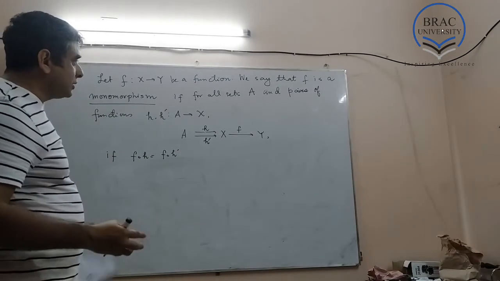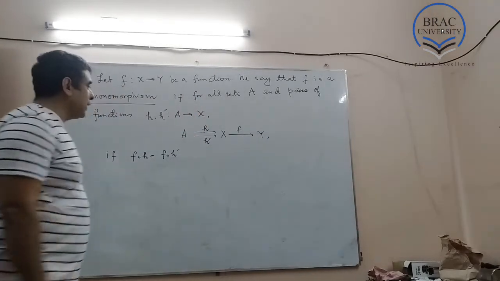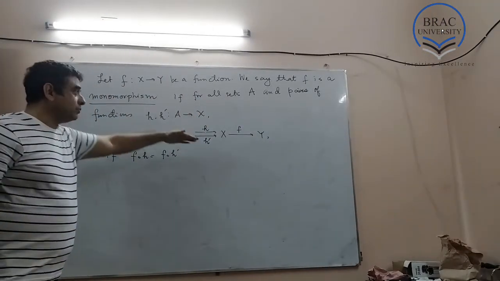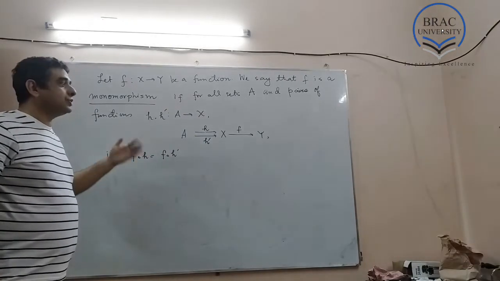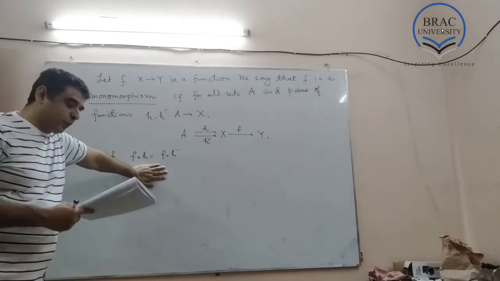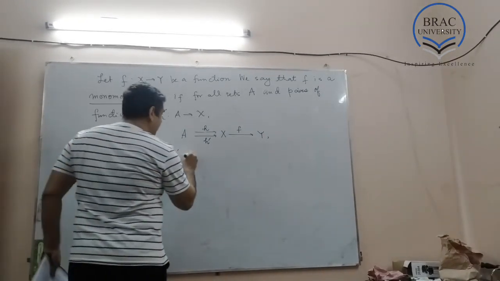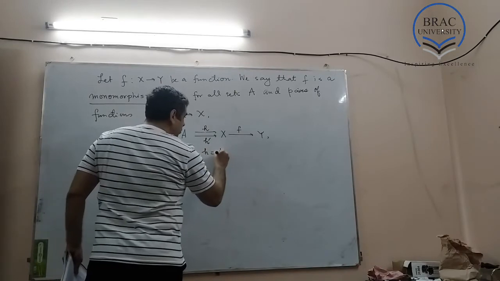They should result in the same final element in Y. This is what we mean by the commutativity of the diagram, which is the fact that f composed with h is the same as f composed with h prime. If this is the case, then we are definitely going to have h equal to h prime.